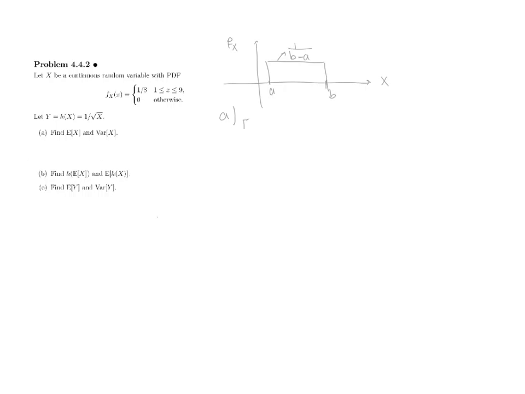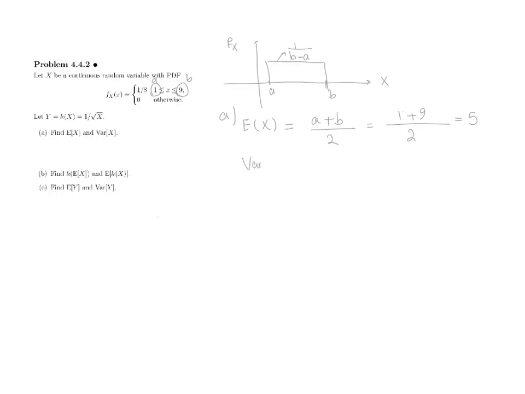So the expectation value of a continuous random variable is a plus b over 2. Here a is 1, b is equal to 9. So it's 1 plus 9 over 2, that is 5.